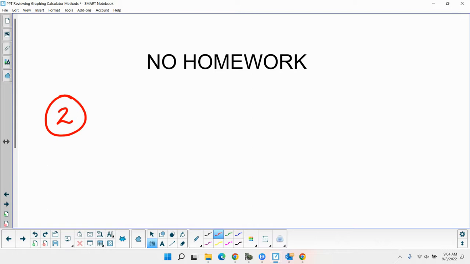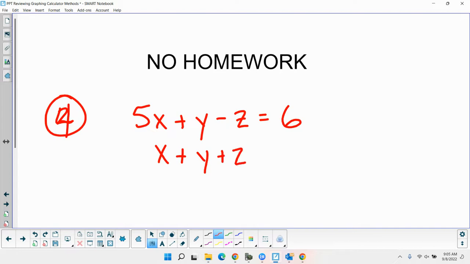All right. And this is which one, 4? We're doing, not 2, right? So we had 5x plus y minus z equals 6. X plus y plus z was 2.